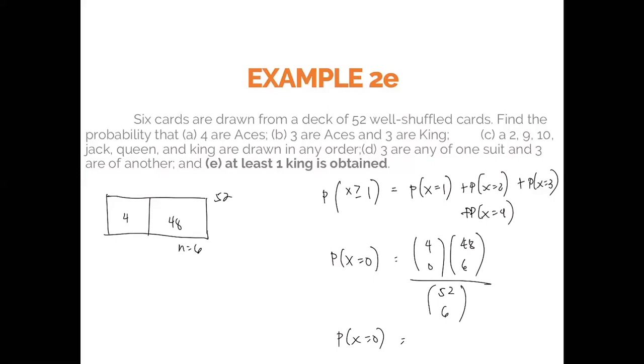Okay? So, may nakuha tayong 0.6028. Okay? Then, yung probability natin na at least, no? So, pwede natin i-perform to.